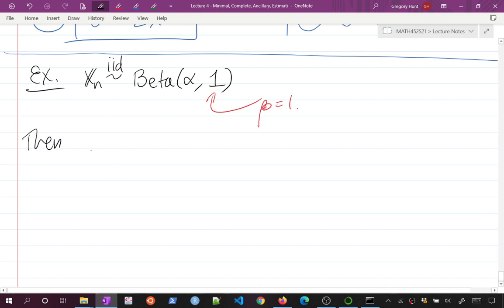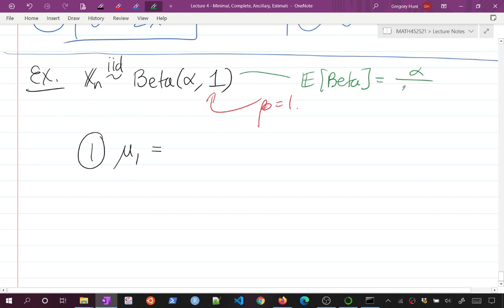Then if I want my method of moments estimator, what are my steps? Step 1, what's mu1? What's my population moment? The expected value of a beta random variable is alpha over alpha plus beta. In this case, beta is 1, so this is alpha over alpha plus 1.